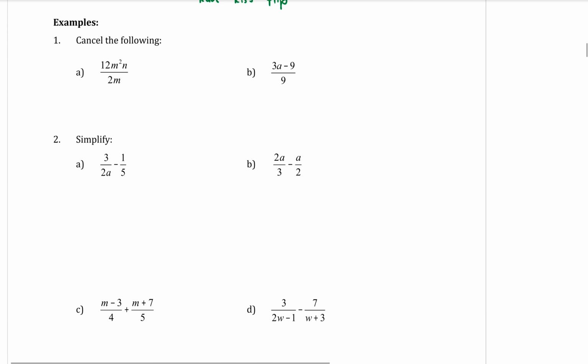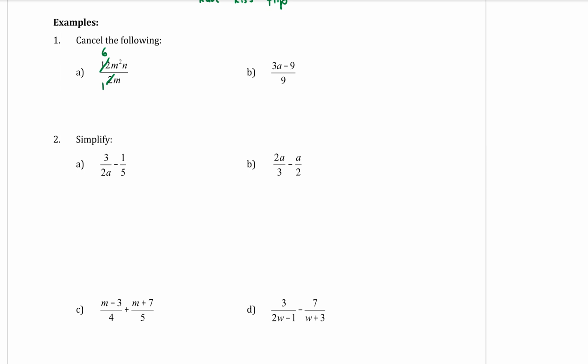So question 1 says to simplify those fractions there. So in A, first of all, we look at the numbers, 12 and 2. We can divide by 2 to get a 6, and that means that 2 would cancel completely away, or it would leave a 1 there if you'd like to put the 1.